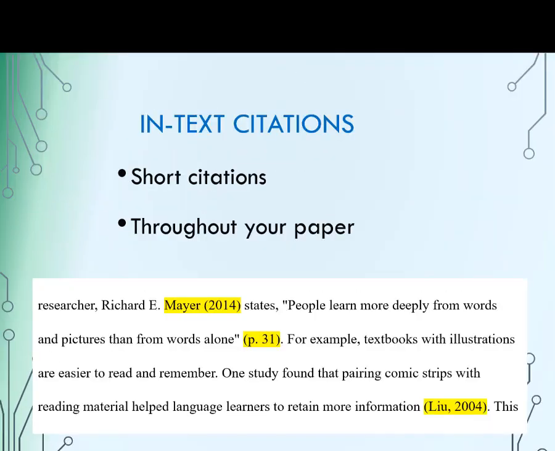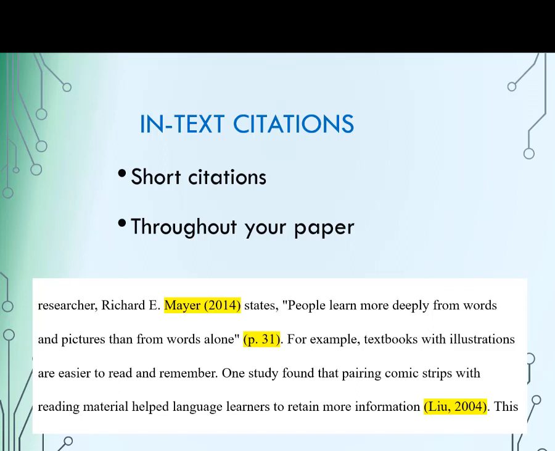So, what's needed to accomplish these goals? There are two necessary parts of APA citations. In-text citations are short citations throughout the paper. Two ways to cite in text are highlighted below.